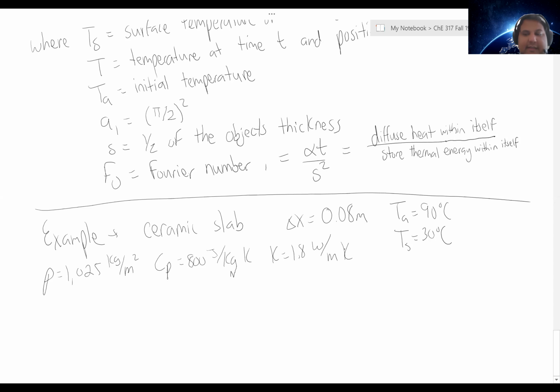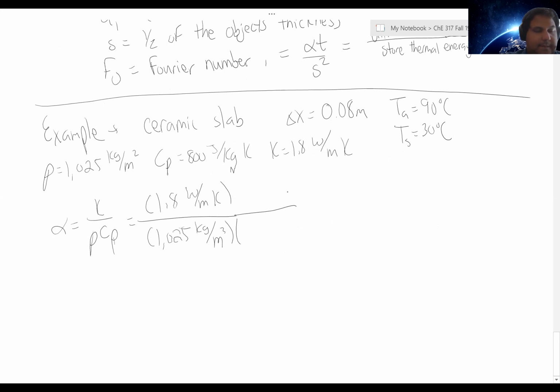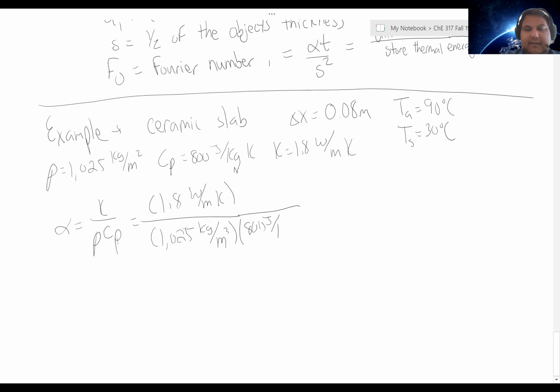So we can solve for a few things based off this information right off the bat, that being our thermal diffusivity, which is k over rho Cp, which gives us 1.8 watts per meter Kelvin divided by 1,025 kilograms per cubic meter divided by the heat capacity, which is 800 joules per kilogram Kelvin.